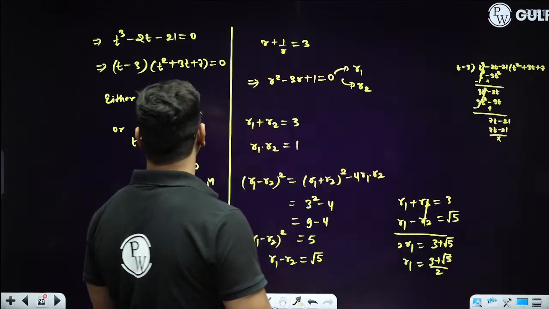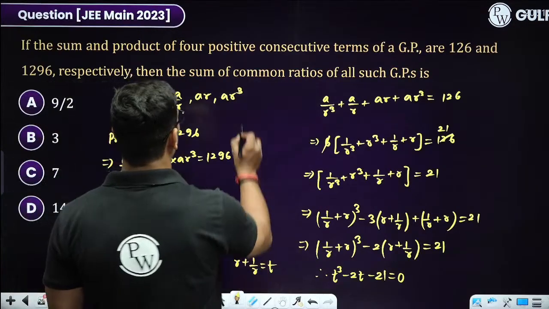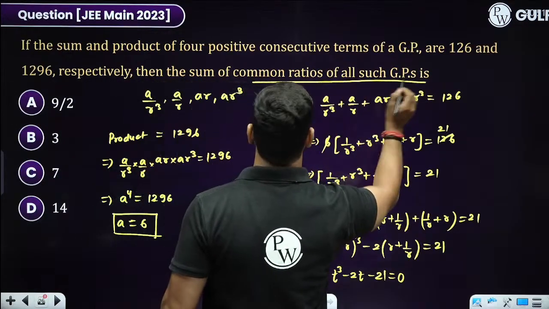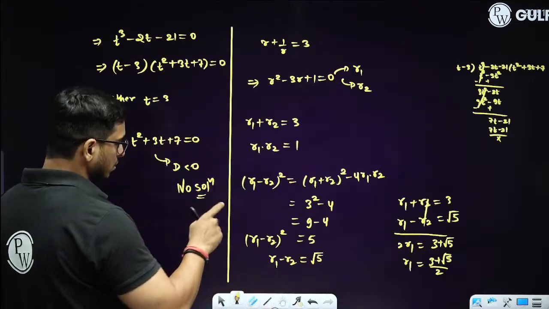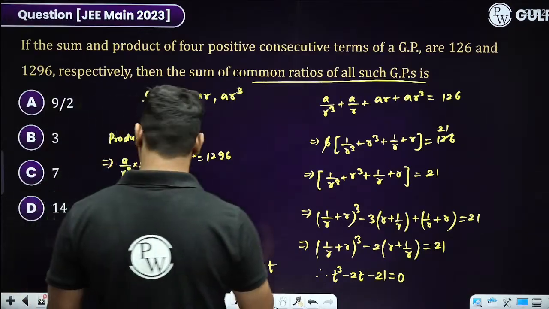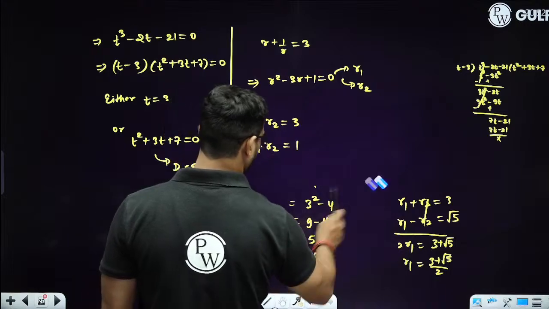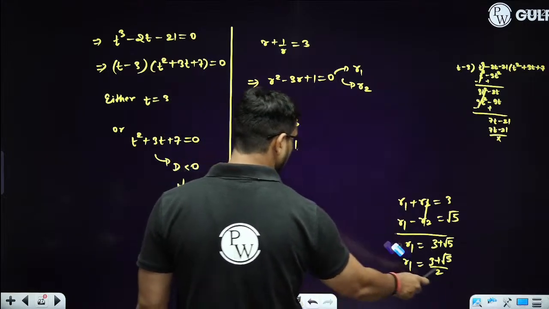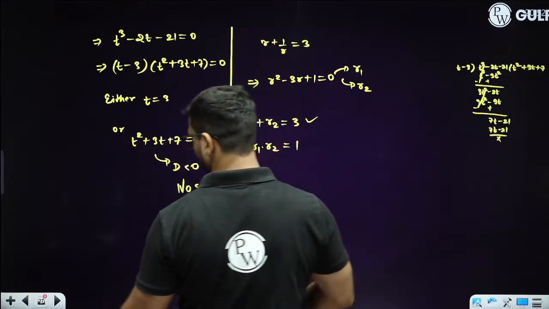Is something missing in the question? Because they are saying the sum of common ratios of all such GPs. So we have two common ratios, then we have to find the sum. So I think the sum should be 3. They are asking for the sum, so the sum should be 3.